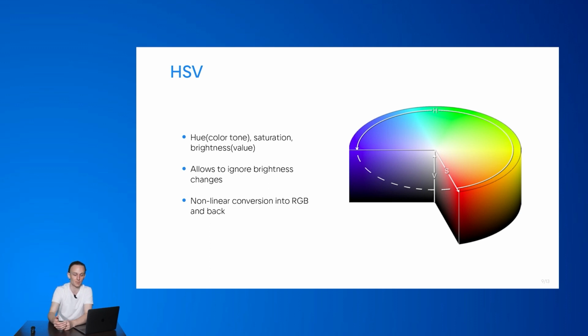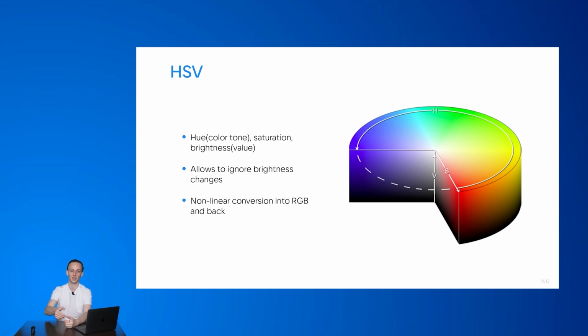So, getting back to our previous example and the problem with RGB color space, let us imagine that we want to deal with this problem of changing luminosity in the scene that we are filming. We can simply ignore certain changes in the V channel, in the brightness channel. We can set up certain thresholds in the color tone or hue channel. We can then set up certain limitations in the saturation channel.